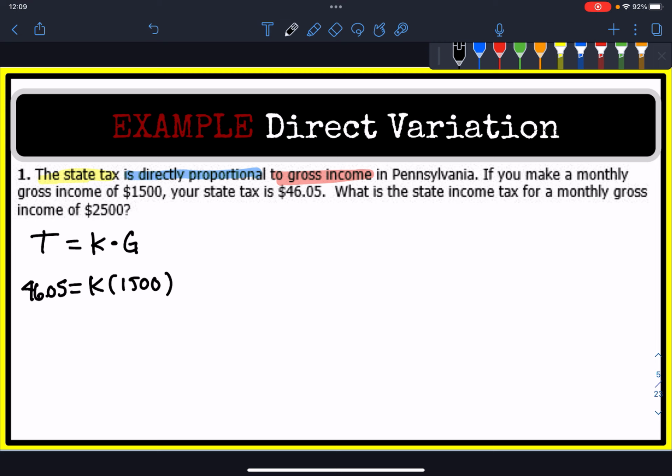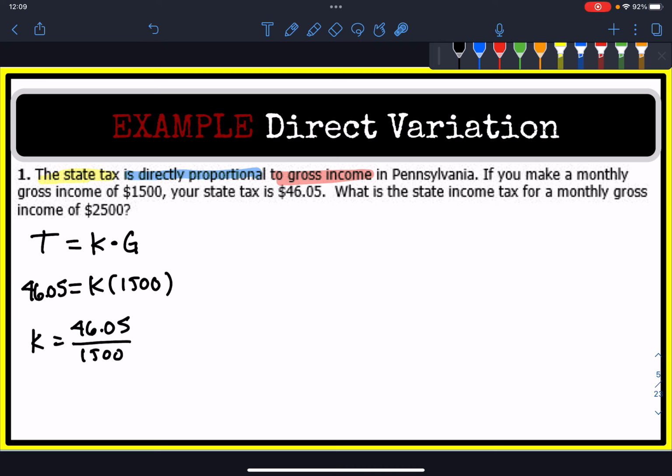So in this situation, our constant will equal 46.05 divided by 1500, because we're looking for what number times 1500 equals this total. We do this by using inverse operations and dividing both sides by 1500.